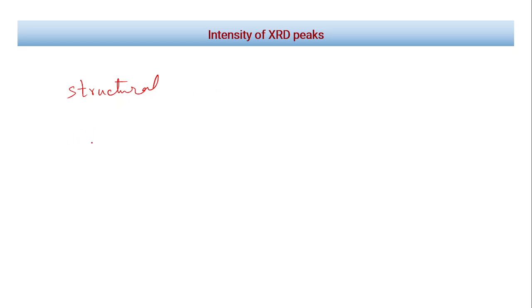Now further, the lectures this week were based on electrical properties of matter. So first we started with structural properties. We discussed them, understood them.